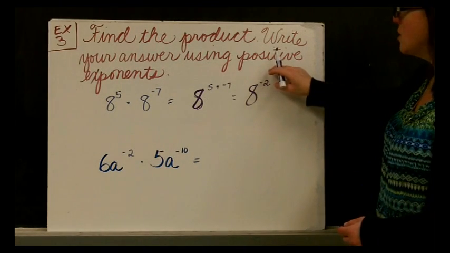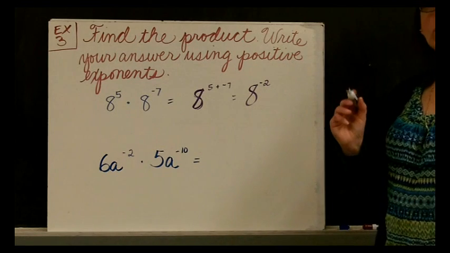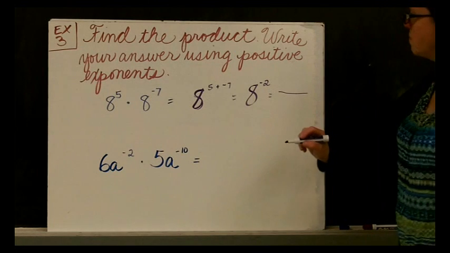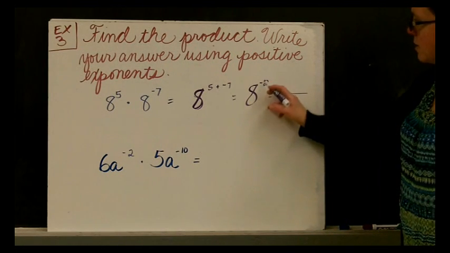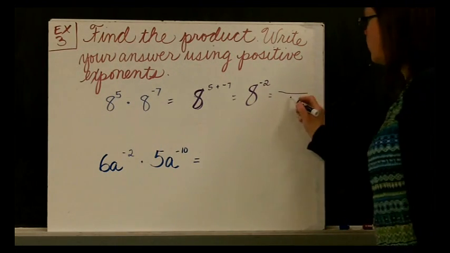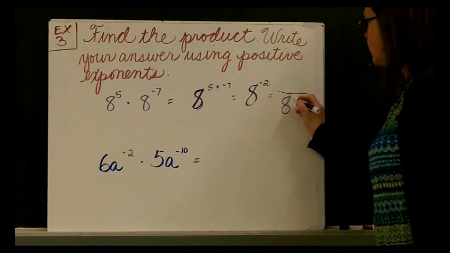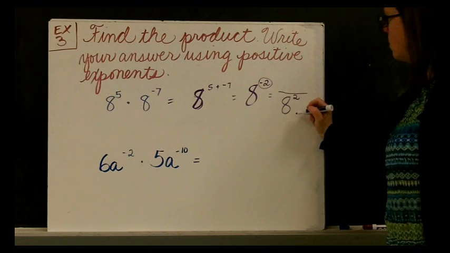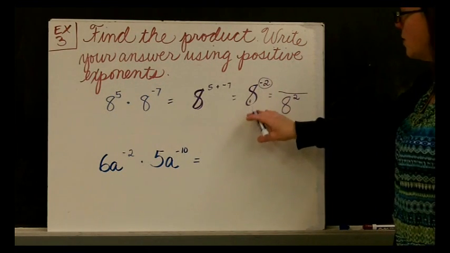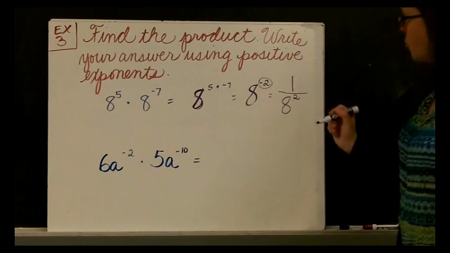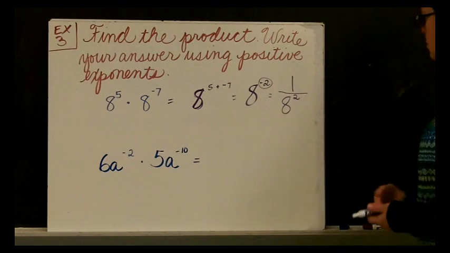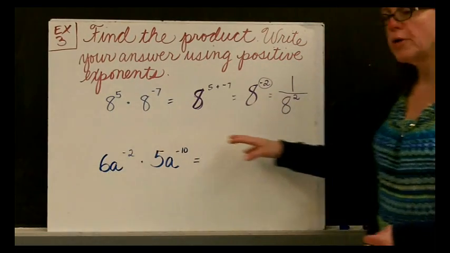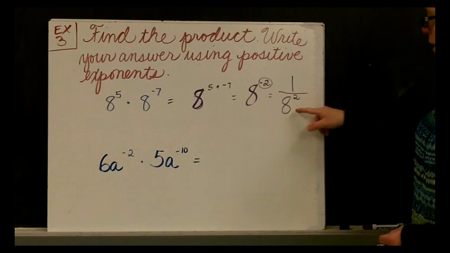But if you look at your directions, it says we are only allowed to use positive exponents, which means we have to open up a fraction bar. This 8 to the 2nd power gets moved to the denominator, but we change this negative 2 to a positive 2. Since there's nothing else with this power, the numerator becomes 1. So 8 to the 5th times 8 to the negative 7th power equals 1 divided by 8 squared.